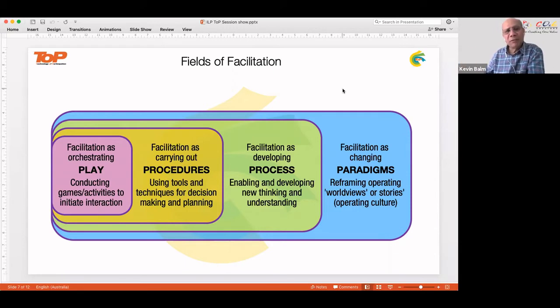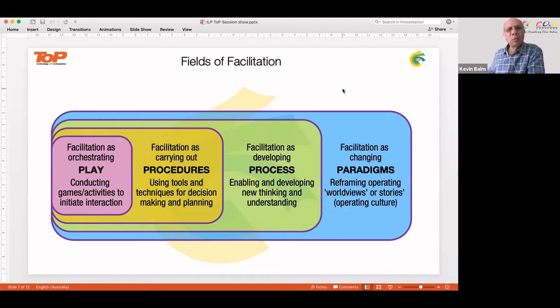And enlarging that field even further, sometimes facilitation is about developing the process. And here we're referring to the process of thought that is occurring within an individual, amongst individuals, the field of engagement between people.